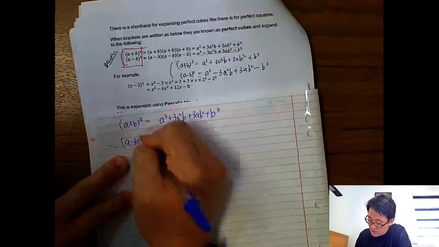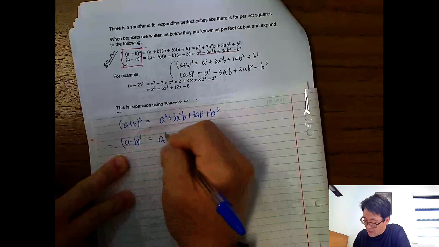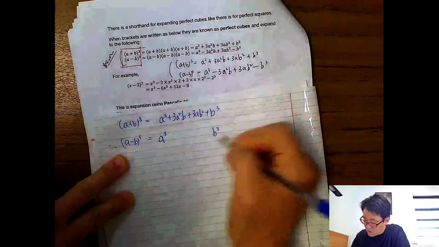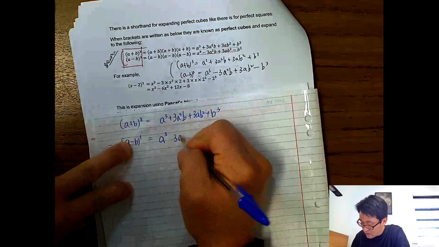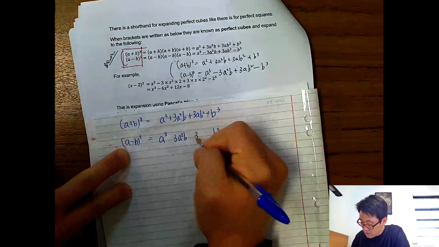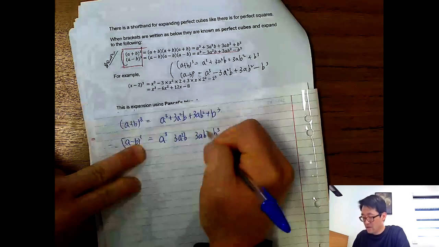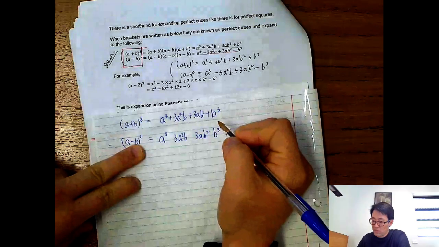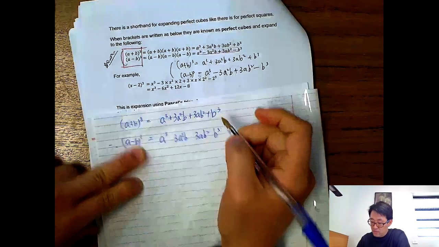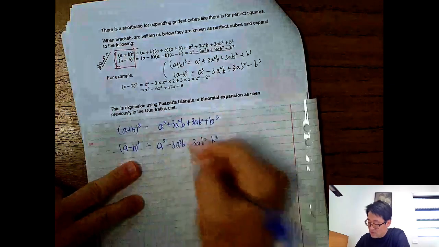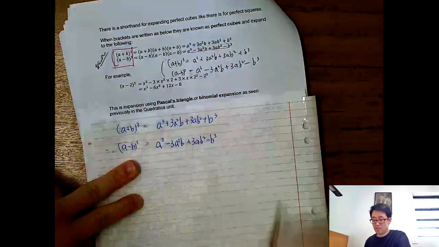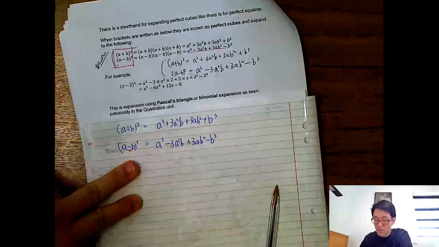A minus b cubed: a cubed, minus 3a squared b, plus 3ab squared, minus b cubed. So keep going one by one, and then we did it previously with Pascal's triangle, plus minus, plus minus, when you have a negative in front of b.